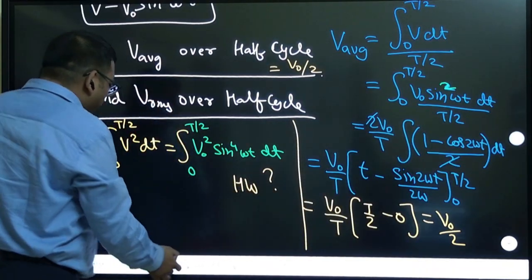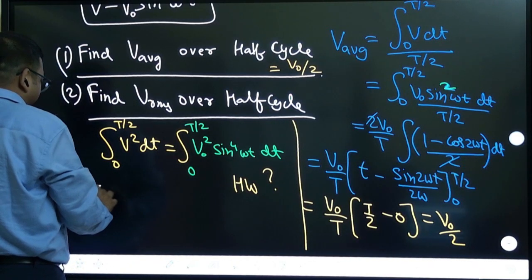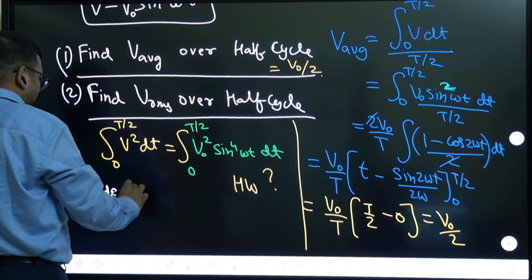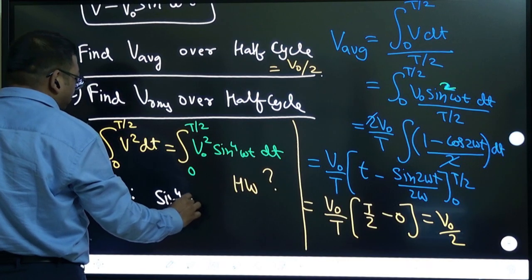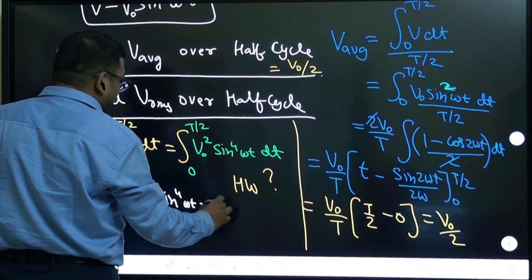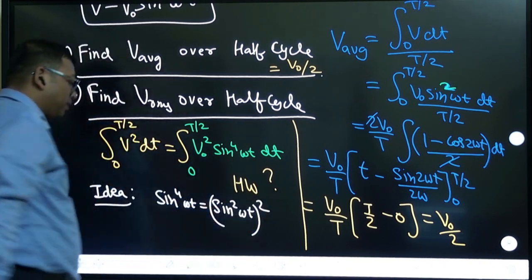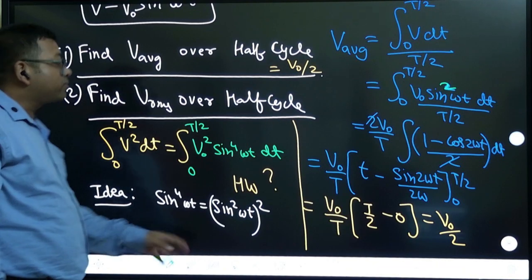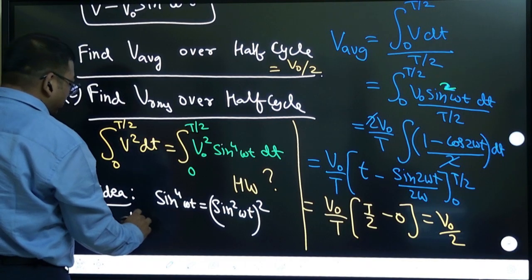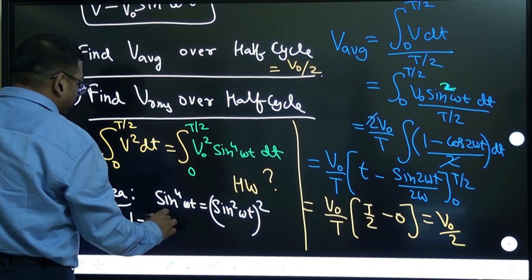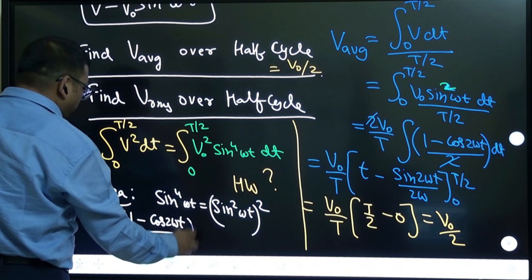But some idea I can tell you. What is the idea? Sine 4 omega t can be written as sine square omega t whole square. And sine square omega t we can break, right? Sine square we can write as 1 minus cos 2 omega t divided by 2, and we have to take whole square.